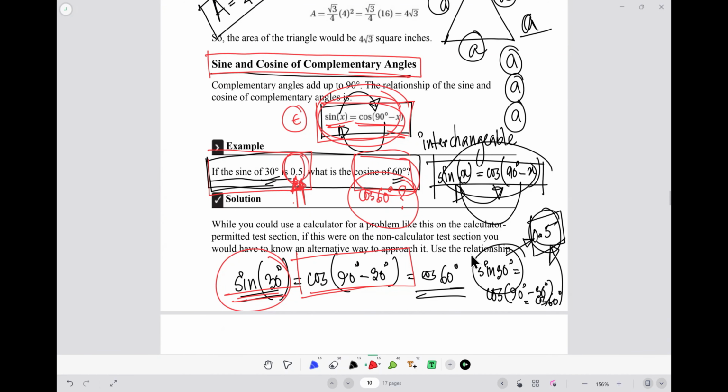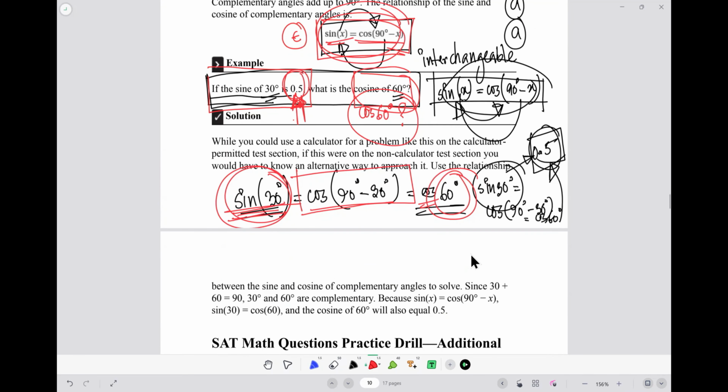Do you understand at least at this point? And 90 degrees minus 30 degrees equals 60 degrees, so cosine of 60 degrees. So sine of 30 degrees is equal to cosine of 60 degrees.